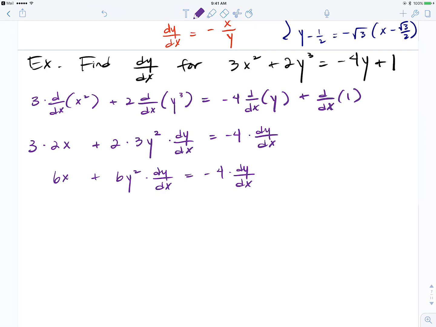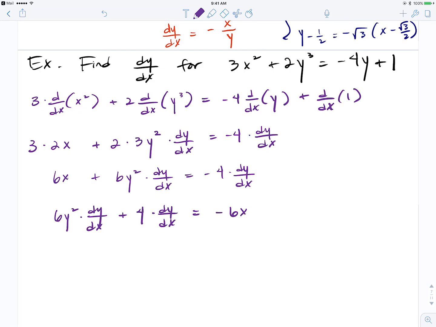So I'm going to add 4 times dy over dx to each side of the equation and then subtract 6x from each side of the equation. So I'll have 6y squared times dy over dx plus 4 times dy over dx equals negative 6x.